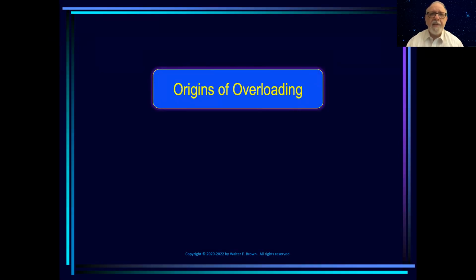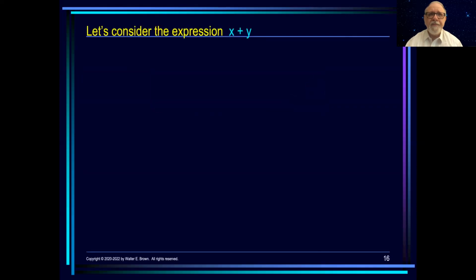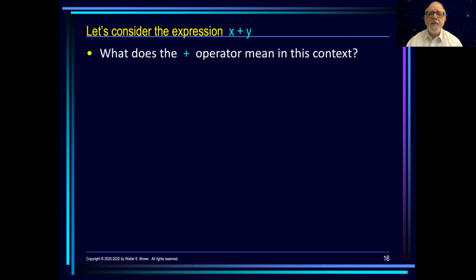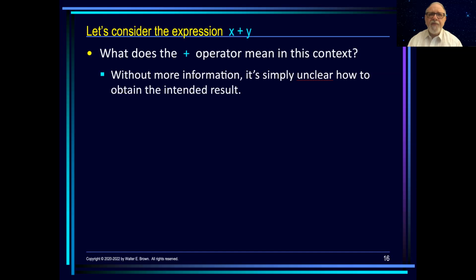Okay, so a little bit about the origins of overloading. Let's just start by thinking about the expression x plus y. What does the plus operator mean in that context? Well, without more information, it's really unclear how to go about obtaining the intended result.